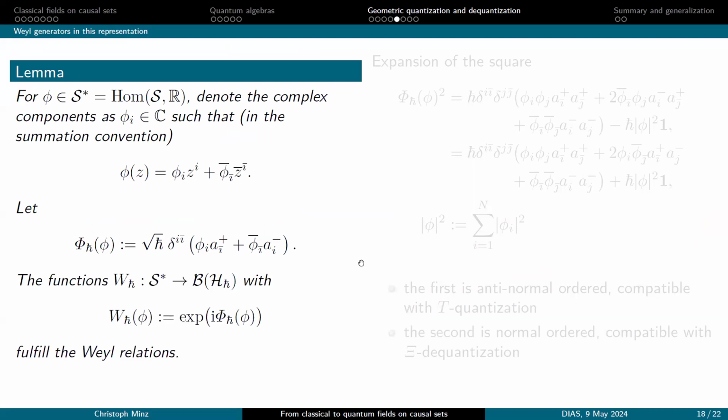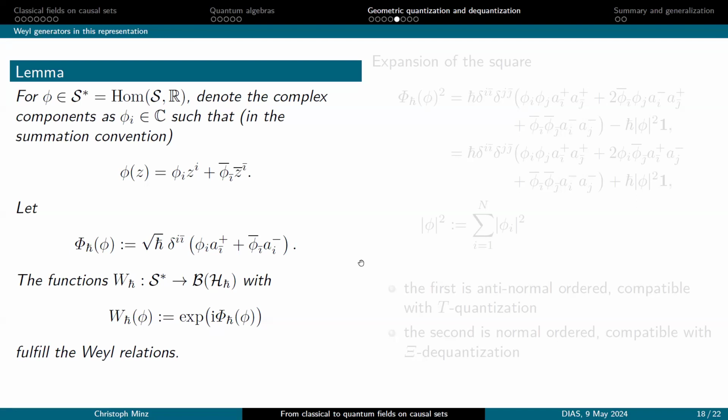Now to make these expressions actually a bit more explicit, I want to make first the Weyl relations or the Weyl operators a bit more explicit in this particular choice of coordinates that I had used here. So we can write any linear observable phi with these coordinates like this.